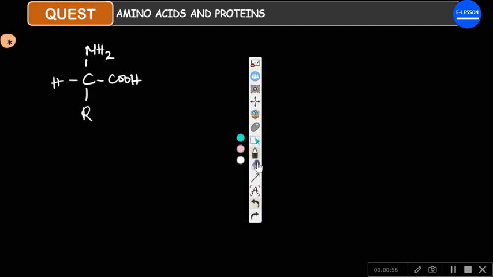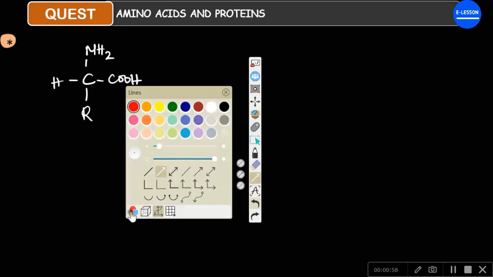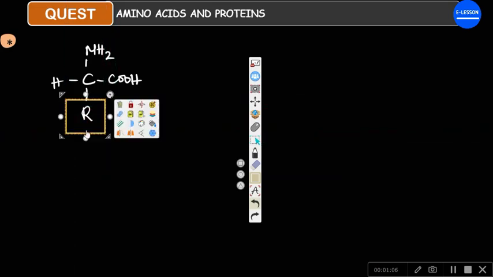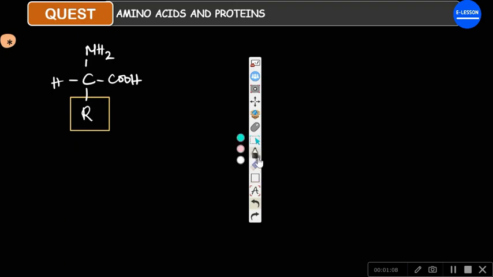Now this R group here is what is called the side chain of the amino acid. The R group is called the what? The side chain. So this group here is what we call the side chain of the amino acid.